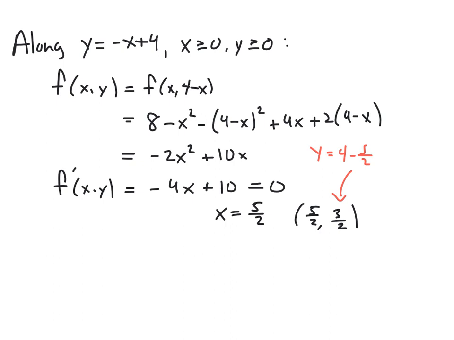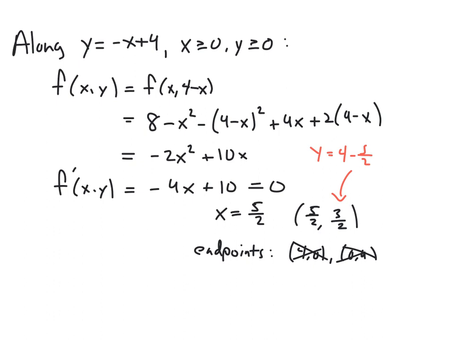And we also have the endpoints to check. The endpoints of this side of the triangle are 4, 0, and 0, 4. And notice that we've already computed the function value at each of these on our previous sides. So if we wanted to, we could do that, but I'm just going to cross them out because they're not going to give us any new information.